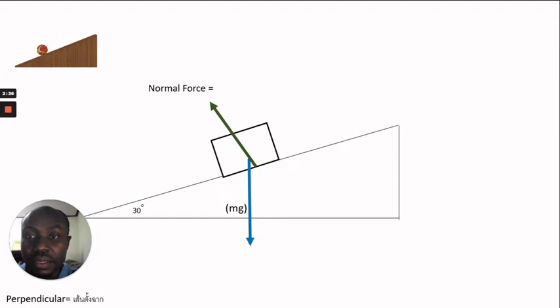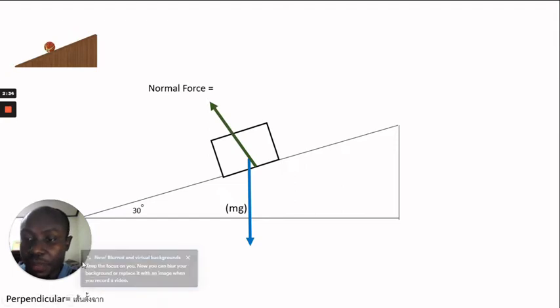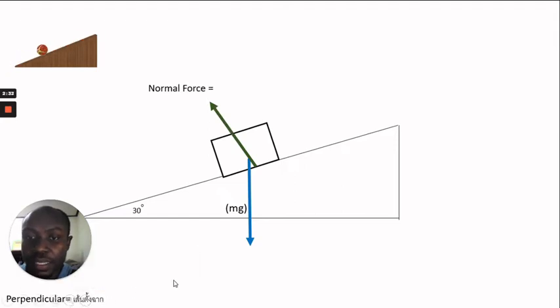There is the normal force, which is perpendicular to the surface. We also have the force which is moving the object down, and of course we have friction, which goes opposite to the movement.